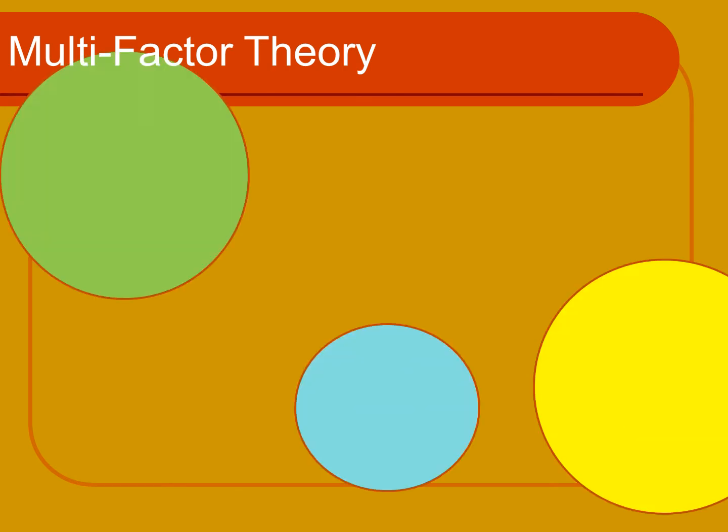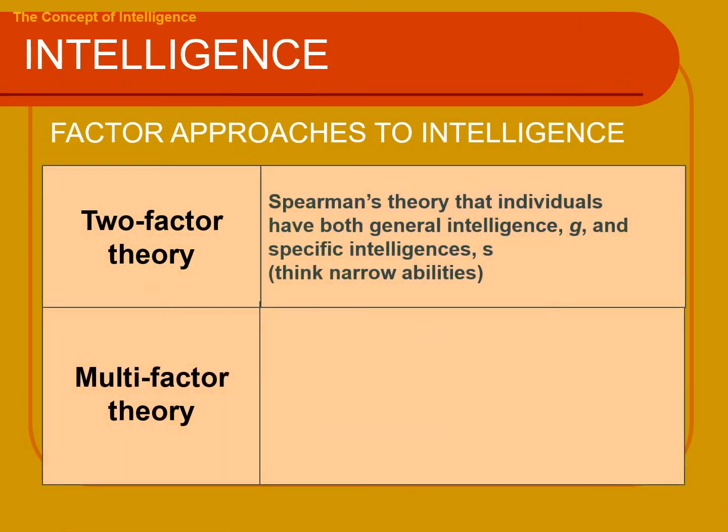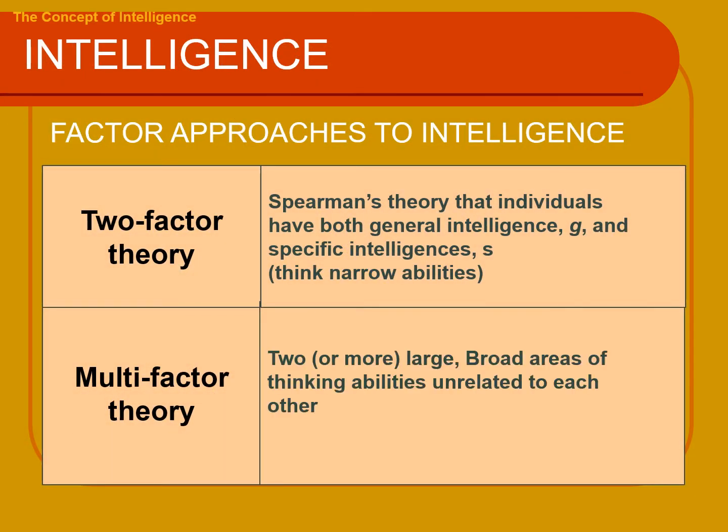Well, there are these large, broad areas of thinking abilities. These areas exist by themselves. They don't overlap. So, with the multi-factor theories, we have two or more, usually more, broad areas. But there's no G and there's no S.